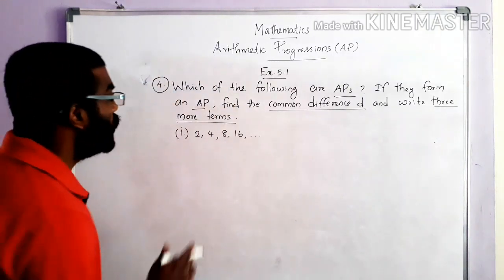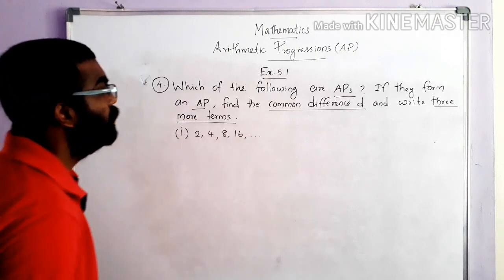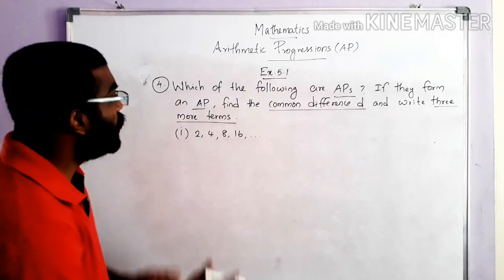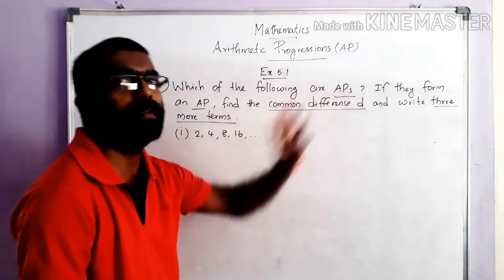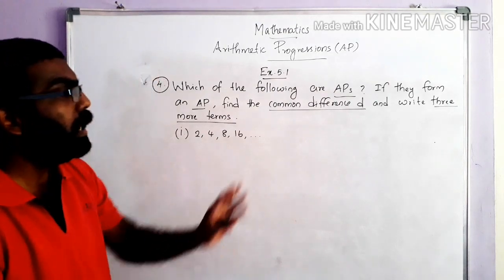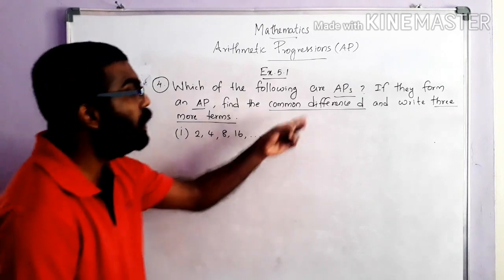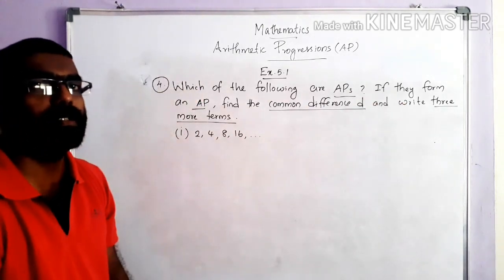Here the first sub question is 2, 4, 8, 16, etc. So in this question, we have to check whether the list of numbers form an AP. And then if it is an AP, then we have to write the common difference d and write 3 more terms.